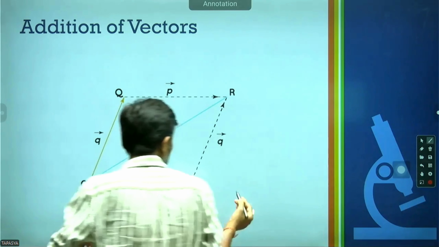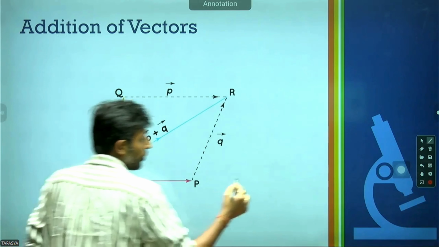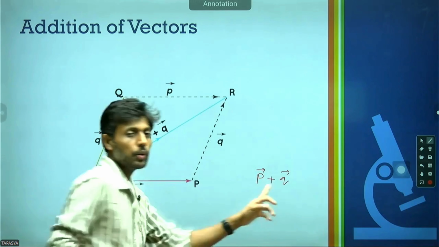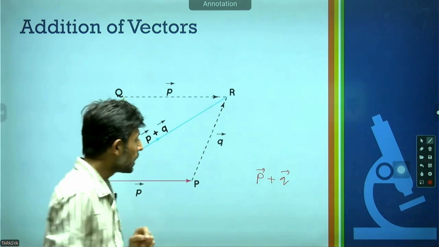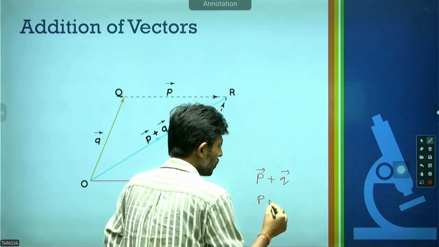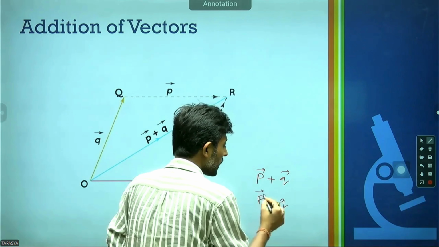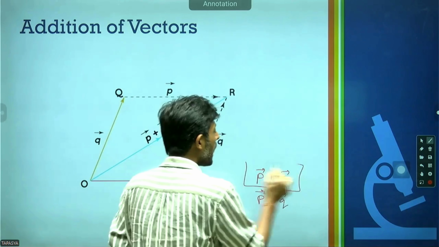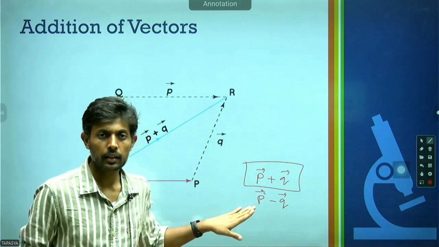See, vector P plus vector Q. This is how you add two vectors. If you have to subtract vectors, you would do P minus Q, correct? I told you that if you know how to add, you basically know how to subtract.